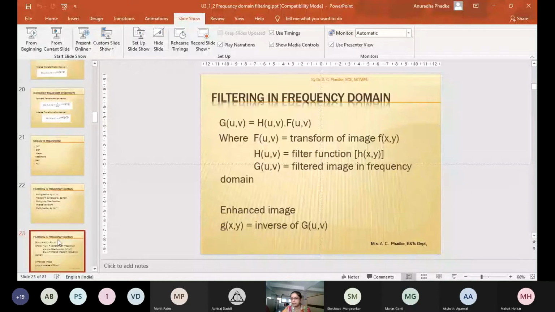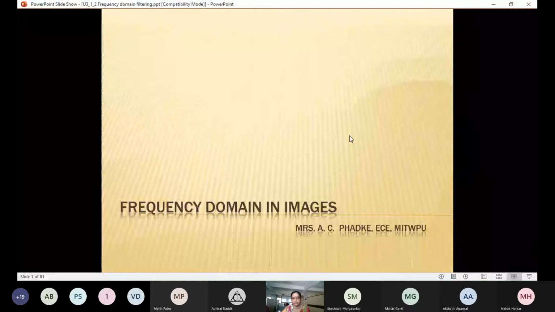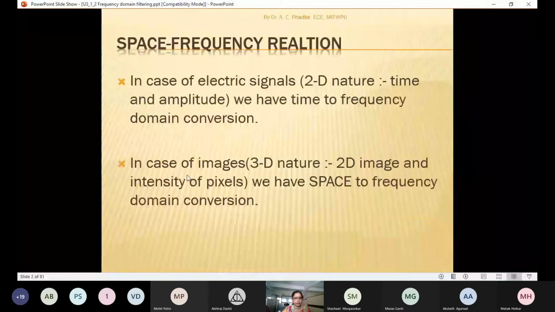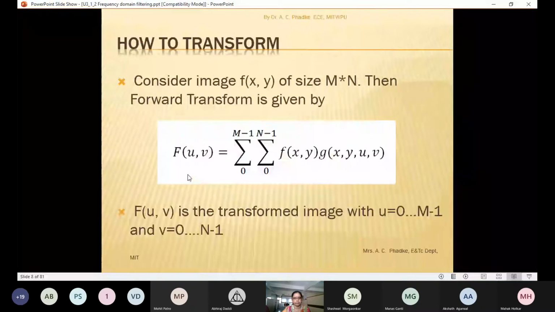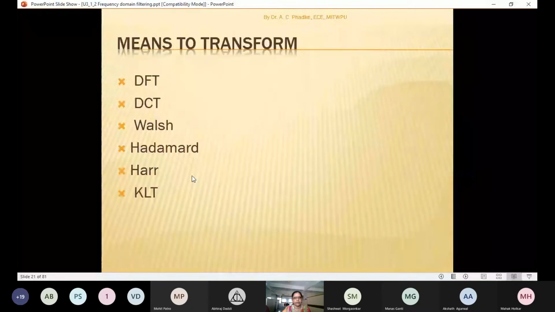Is the screen visible? Please type in the chat box. Okay, now I am getting yes answers, so it seems the screen is visible. Okay. Now I am just putting it in read mode so that it won't affect your view.